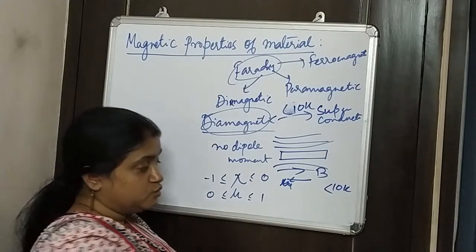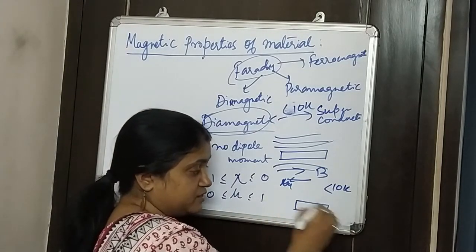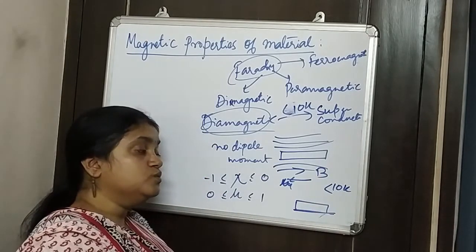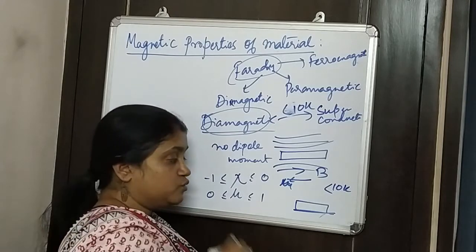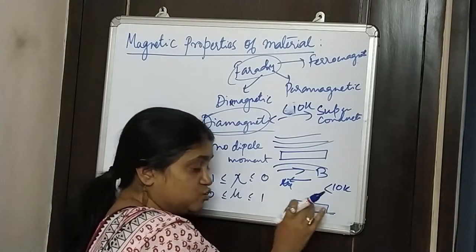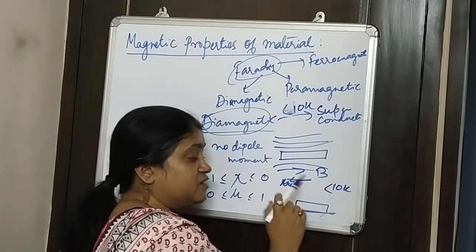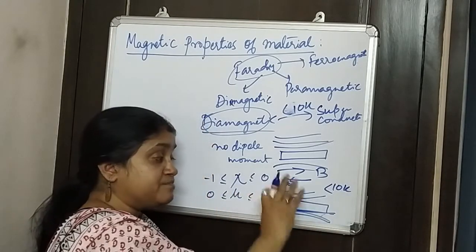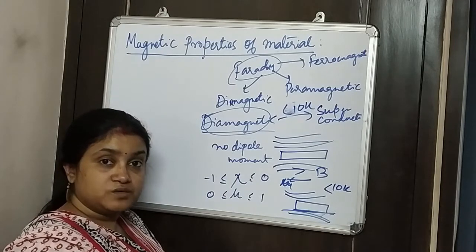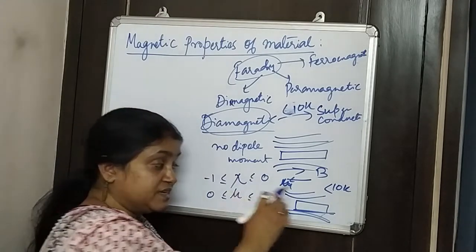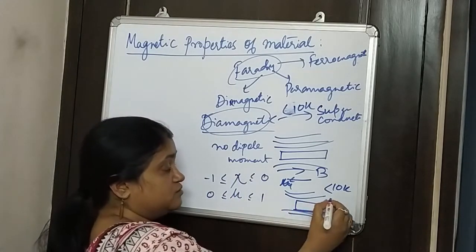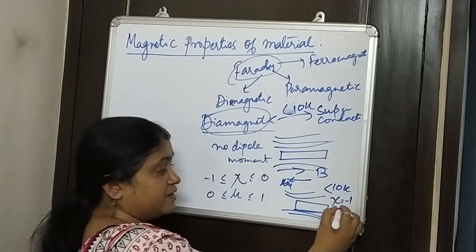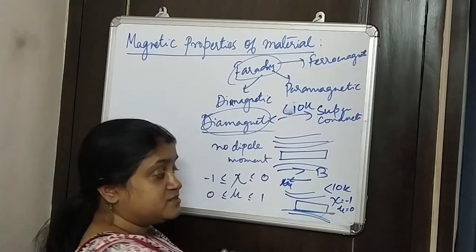Suppose you keep a superconductor and allow a magnetic field through it. This superconductor material will push out the magnetic fields, it will repel the magnetic fields out. This happens when chi is actually -1 and mu is actually 0.